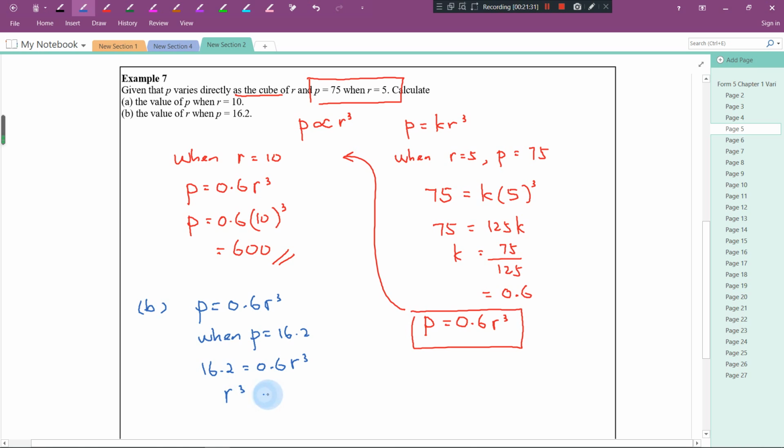So r cubed is equal to 16.2 divided by 0.6. I'll get 27. So if I want to get the value of r, I have to cube root 27. r is equal to 3. Okay, so this is how we solve the questions for direct relations.